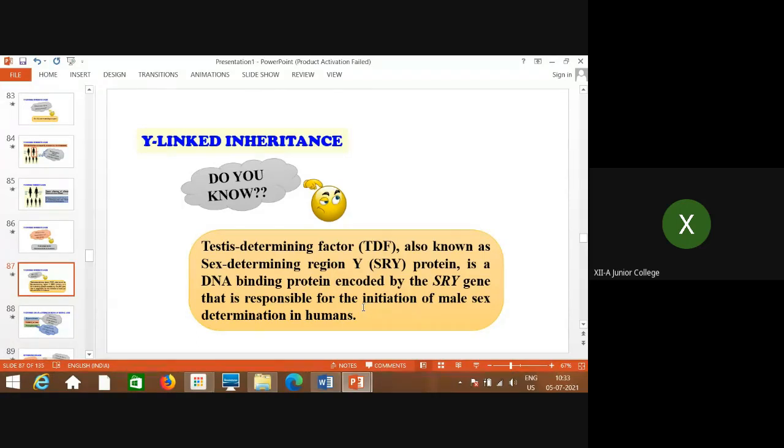That means sex determining region Y, which is responsible for the initiation of male sex determination in humans. So this region is of very great importance. It is called TDF, testis determining factor, or it is also known as SRY, that means sex determining region Y.